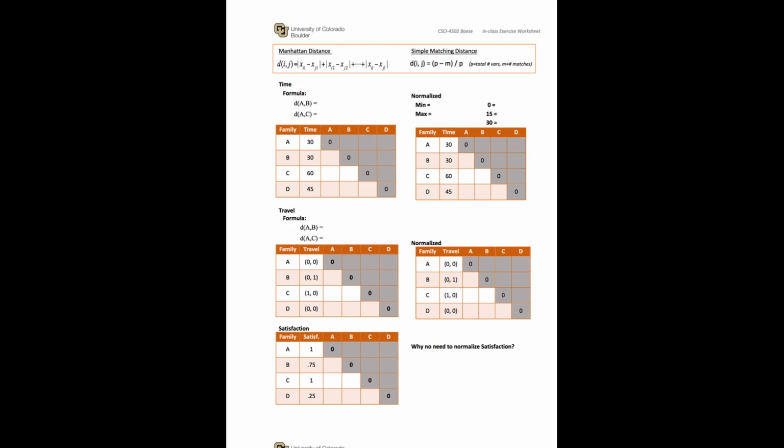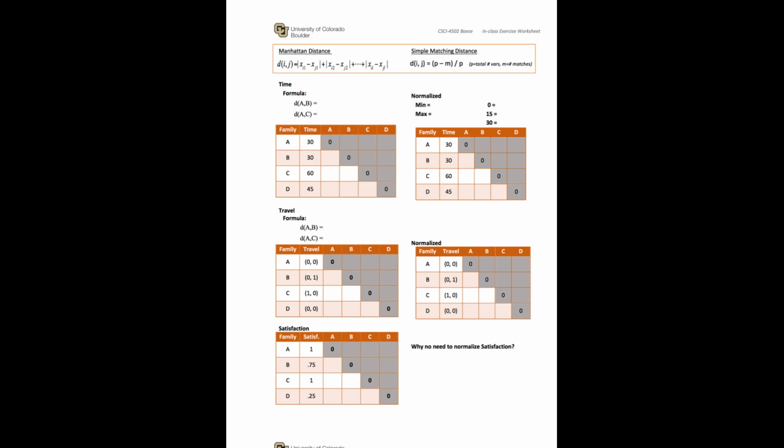And so now when we're looking at time, is the first one, the formula that we're going to use is Manhattan for this one. All right, so here, for example, if we're going to use the distance between A and B, we have our table below here.